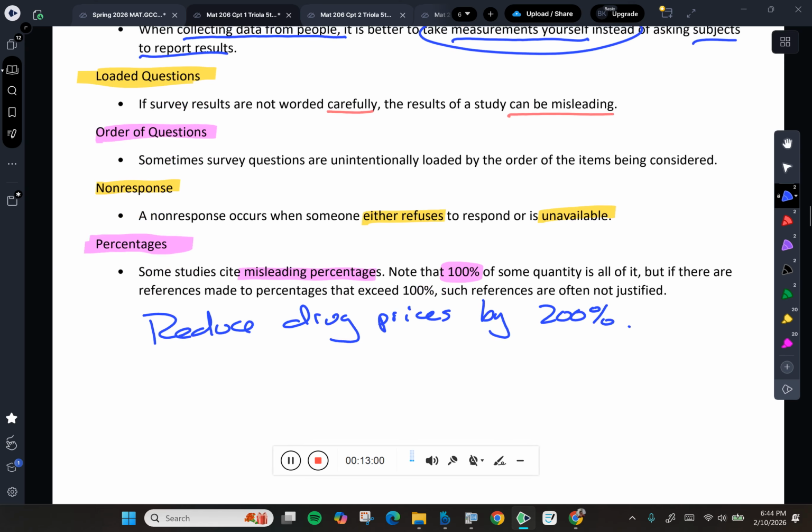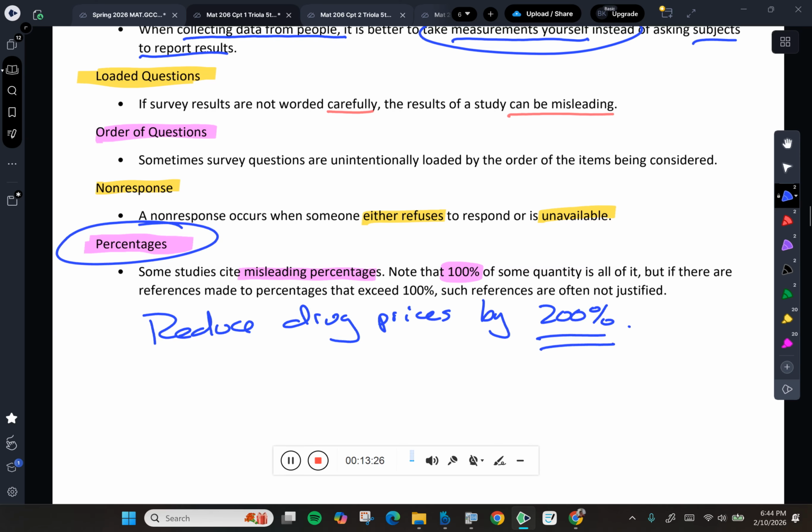I think they actually said 200, 300, 500%. That's impossible. If I reduce a price by 100%, I've taken it to zero. If I reduce it by 200%, mathematically, I've taken it into the negative. That doesn't make sense. So clearly, this individual doesn't understand percentages.